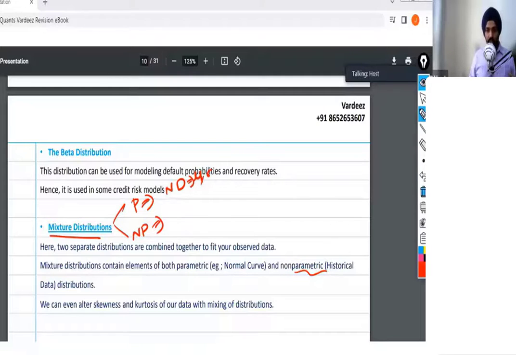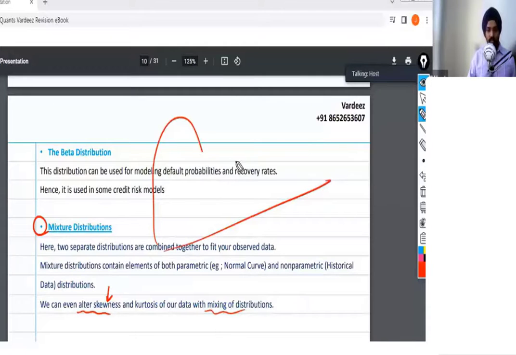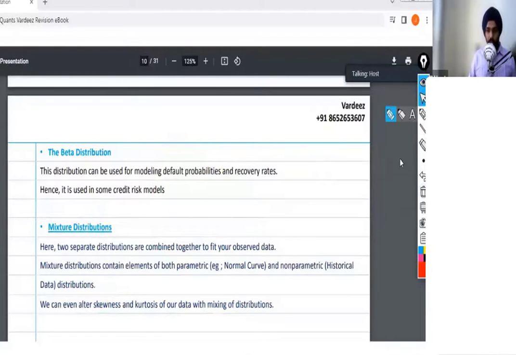When you just have the historical data, you pull it up, that's it. However your data looks, it doesn't make any difference. The usage of a mixture is that we can change the skewness and kurtosis of our data by mixing distributions. So if our data is very skewed, we can change it when we mix the distributions. That's all that you need to know for mixture distributions.